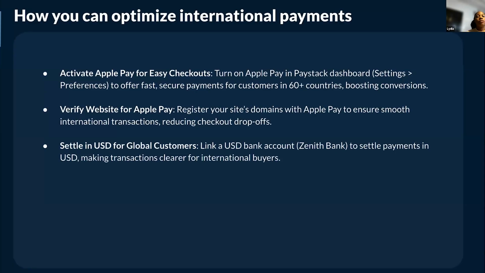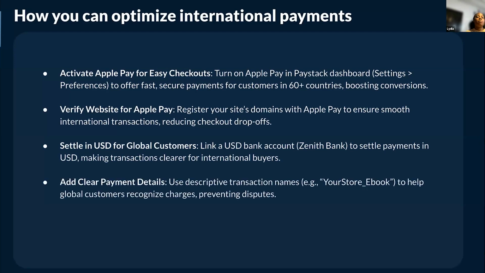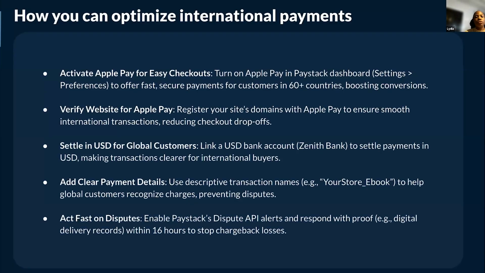Then another thing is settle in USD. We always recommend that you link a USD bank account and preferably a Zenith Bank domiciliary account so you can receive payments in USD from customers that pay you in USD. And add clear payment details. When you're sending transaction receipts, it's important that you use a descriptive name to enable your global customers to recognize what those charges are when they are checking their bills and prevent any disputes in the future.